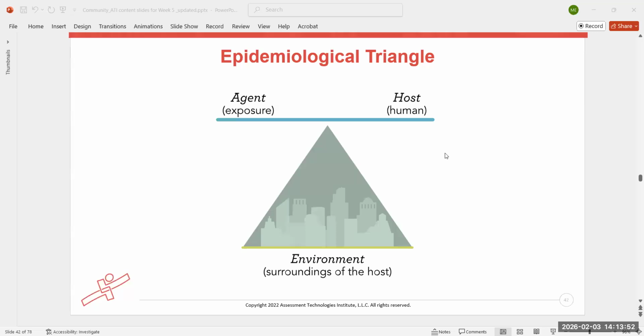With agents, you're being exposed to something. There could be chemicals, they could be infectious, like a virus or bacteria, or it could even be a physical agent, like I had mentioned earlier, noise, but also temperature. Temperature would be a big one, especially for our vulnerable patient populations experiencing homelessness.